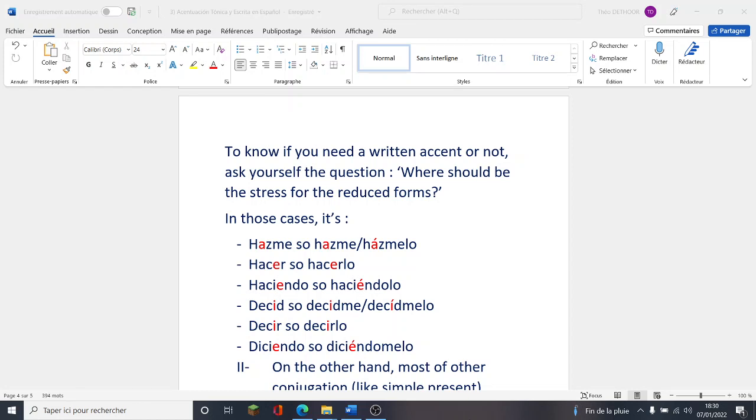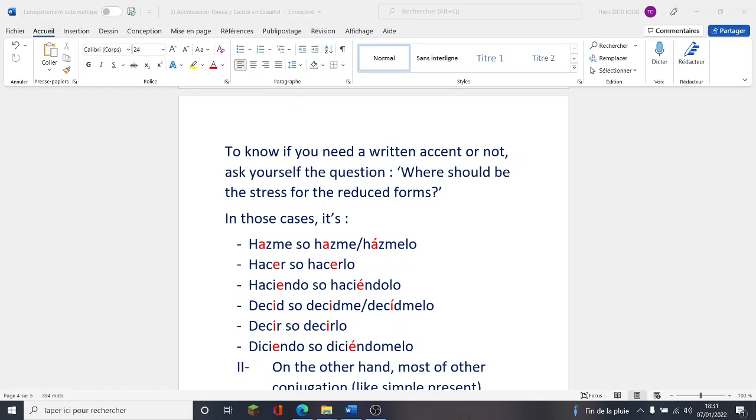If you put decid with only one pronoun, it works like the second example. You don't need any written accent because the I is still stressed. But in the last example, decídmelo, you have two pronouns at the end, so basically you will need a written accent on the I in order to keep the logical stress.